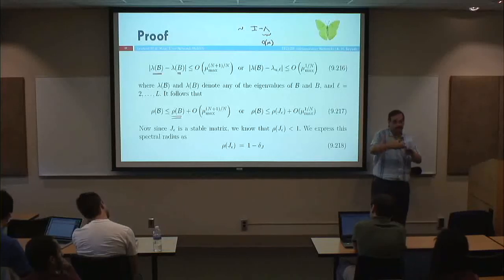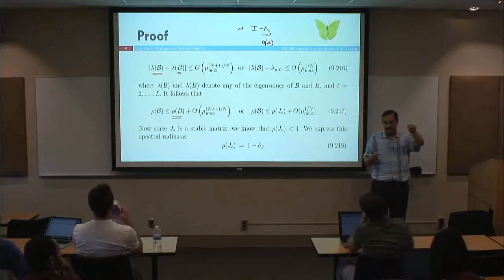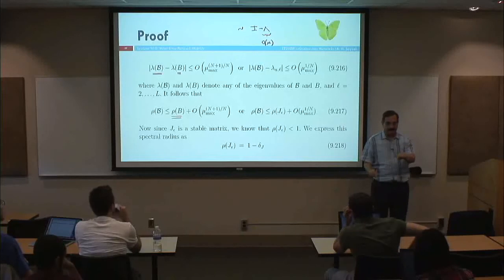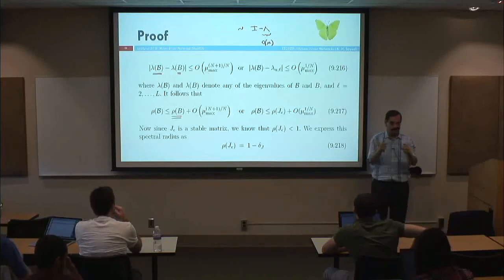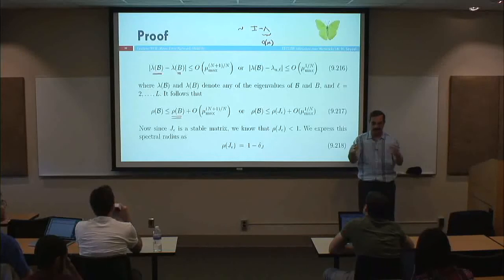They are of the order of mu. If I take one eigenvalue of B, 1 minus some multiple of mu, another eigenvalue of B, 1 minus some multiple of mu, the difference between them is some multiple of mu. So the eigenvalues of B are of the order of mu away from each other.